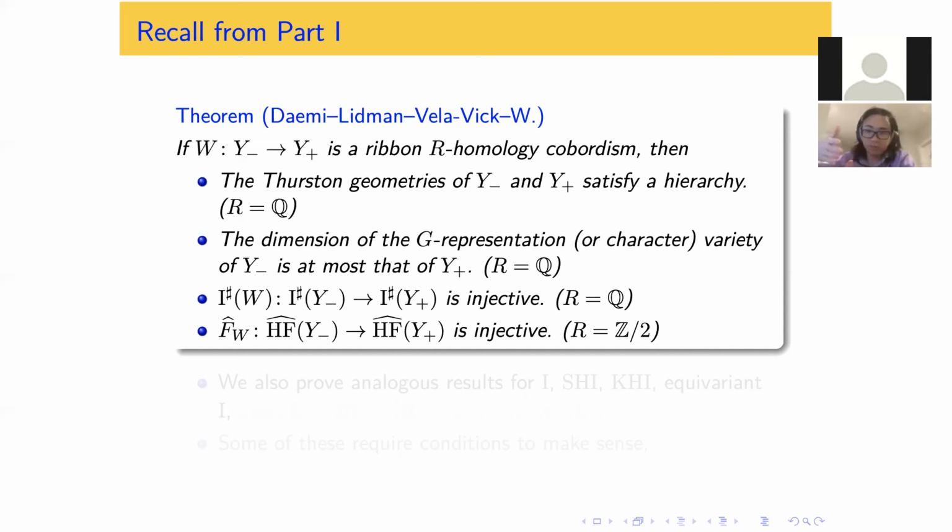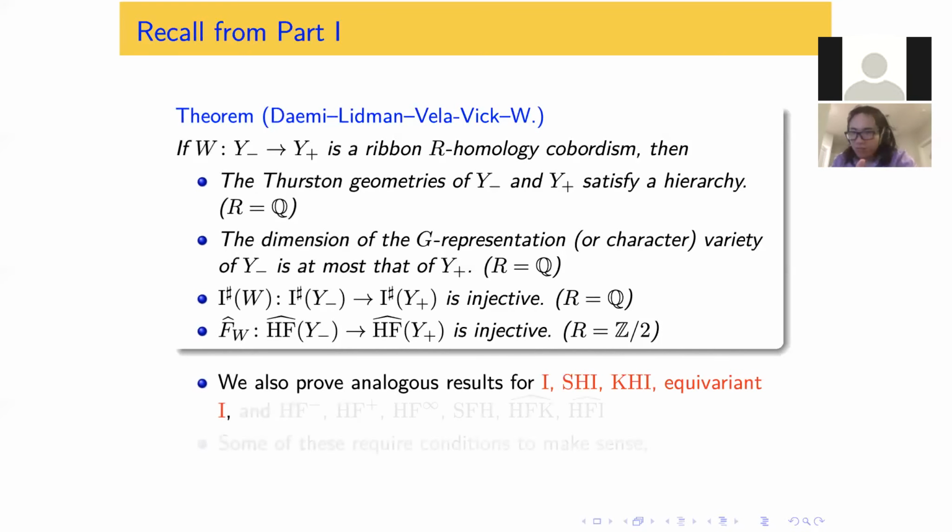This process gives you a map on the level of varieties, from the representation variety of Y minus to the representation variety of Y plus.